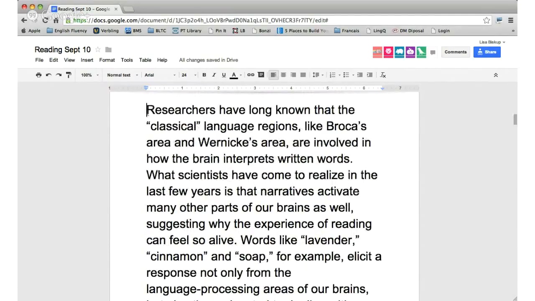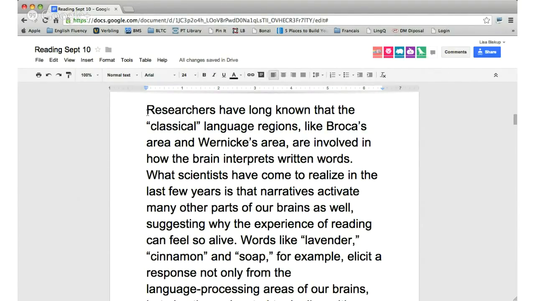Researchers have long known that the classical language regions, like Broca's area and Wernicke's area, are involved in how the brain interprets written words.